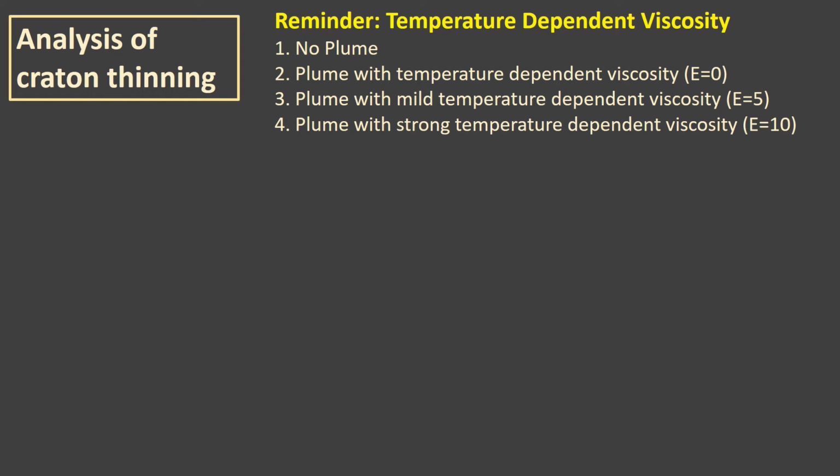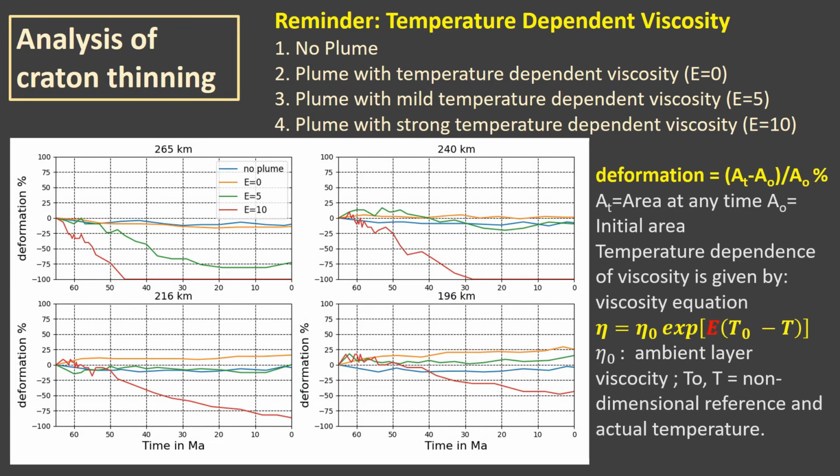For each viscosity combination of the craton and asthenosphere, we develop 4 different sets of models, where first we do not incorporate any plume, second we incorporate the plume but the temperature dependence is turned off, that means E is set to 0, and then we gradually increase the value of E, that means we increase the temperature dependence, and we calculate how much areal deformation has been experienced at different depths by the Indian craton.